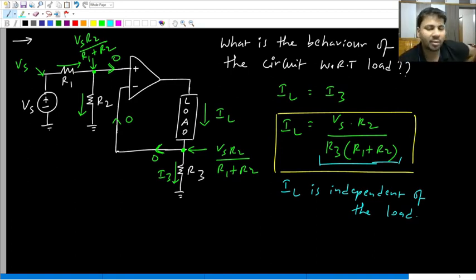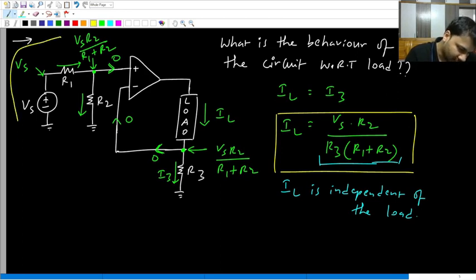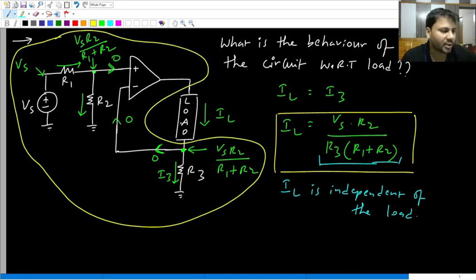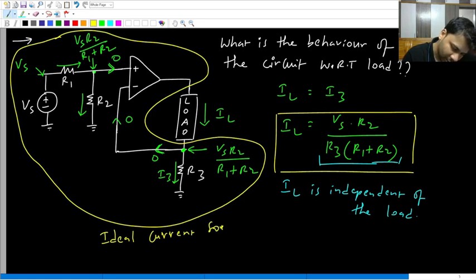When will the load current be independent of the load? Only when the load is connected across an ideal current source. Yes or no? That means with respect to the load, the rest of the circuit behaves like an ideal current source. But if you look at the expression for the load current, does it not depend on Vs?